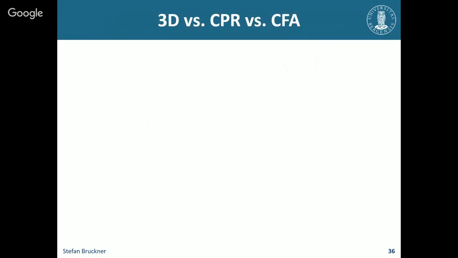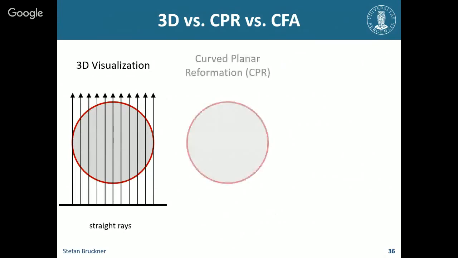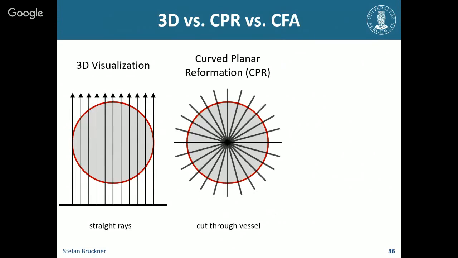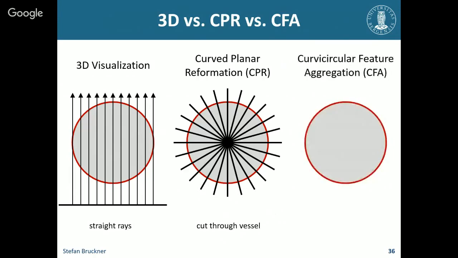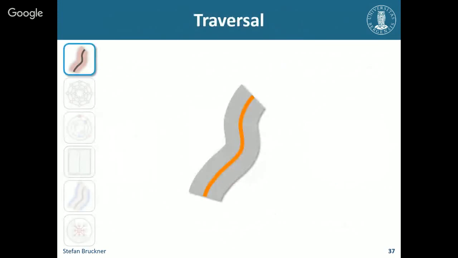And here's just a comparison between 3D visualization, where we are shooting straight rays, curved planar reformation, where we are essentially performing a single cut through the vessel, but along multiple angles typically, and CFA, where we are shooting curved rays.